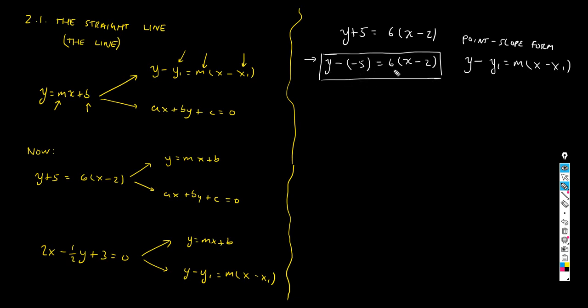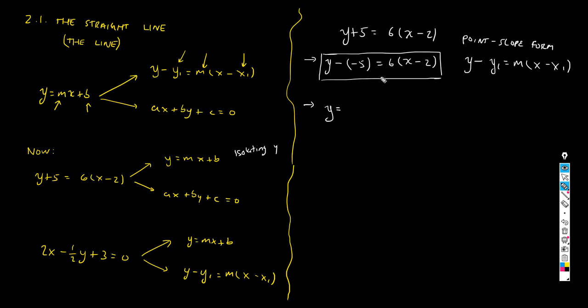Okay, so let's transform this first into the slope intercept form. It's very simple, guys, because basically you can understand this form as just isolating y. That's all you need to do, right? If you isolate y, you end up pretty much with the slope intercept form. So I'm gonna take this and I'm gonna isolate y.